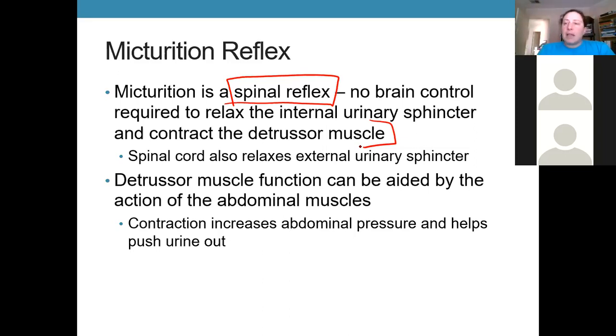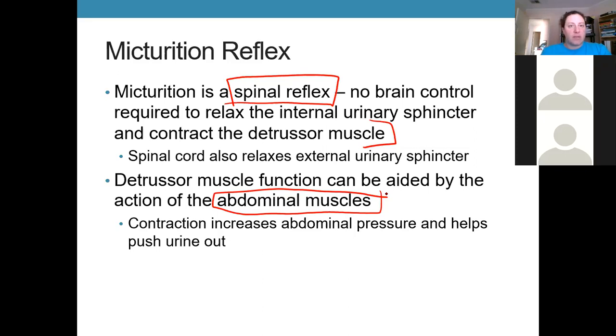All right, so just like defecation, you can use your abdominal muscles to aid the urination, but it will happen all by itself without any conscious help. You just have to make the decision to keep your external anal sphincter or external urinary sphincter relaxed, okay? But I'm sure you've all been there, especially when you've waited and you really have to urinate at this point.